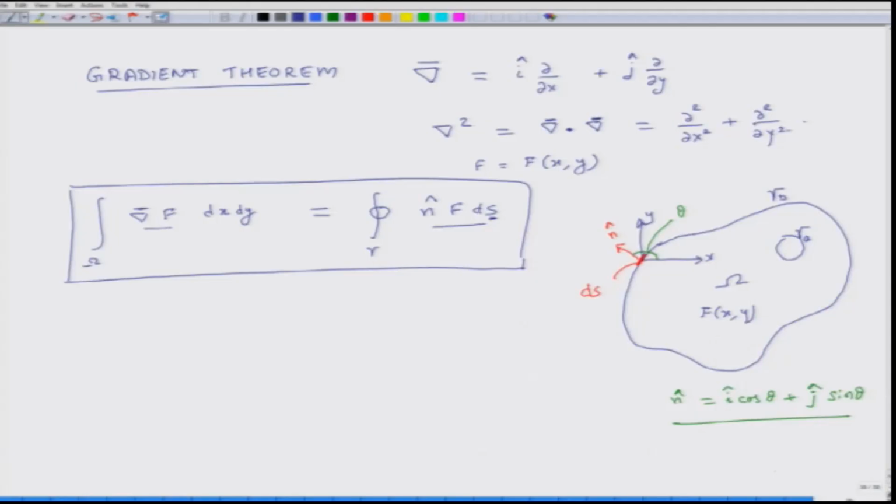Now, this is a vector equation, because the gradient operator is a vector.